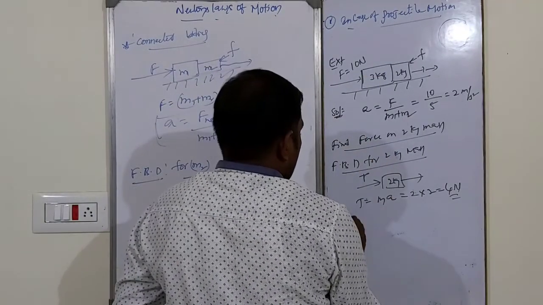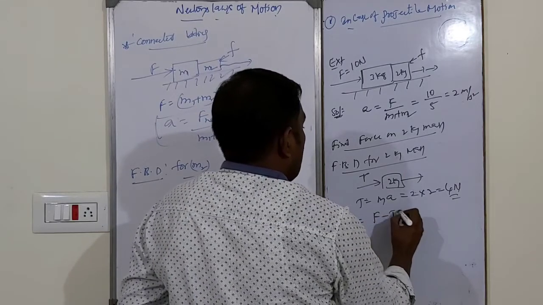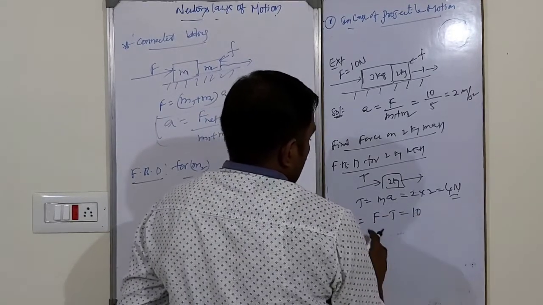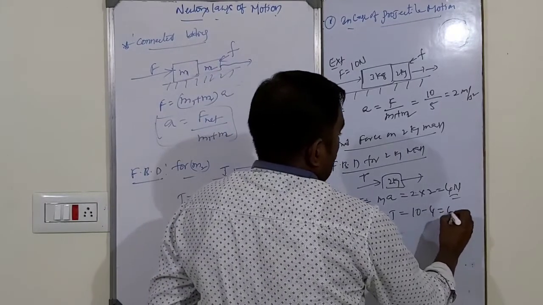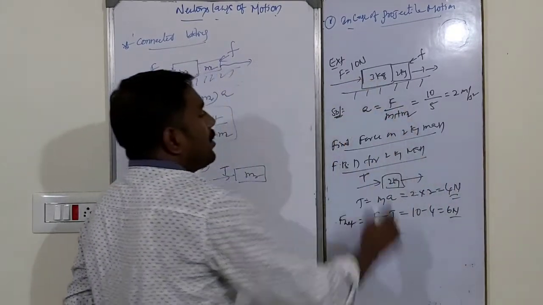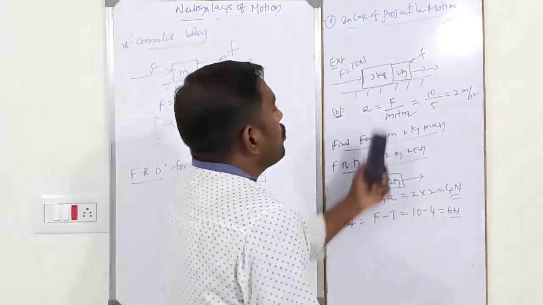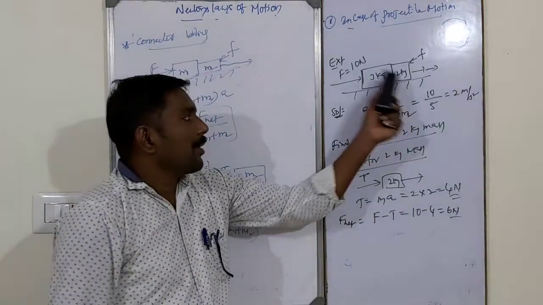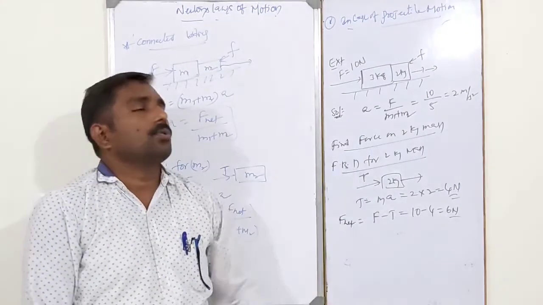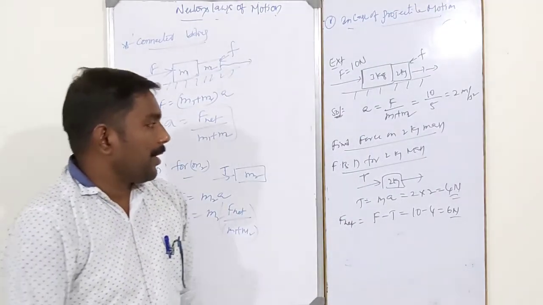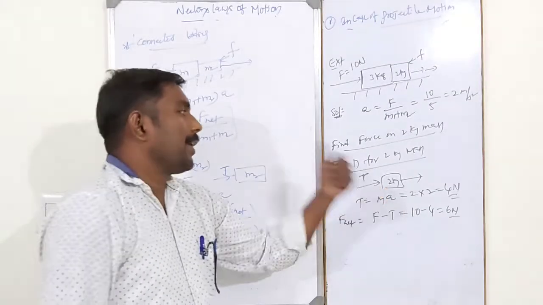So F net is equal to F minus T, that is 10 minus 4, equal to 6 Newton force acting on the 3 kg. This is a simple way to find the force acting on the 2 kg massive body. Very most important: first of all, we draw the free body diagram.